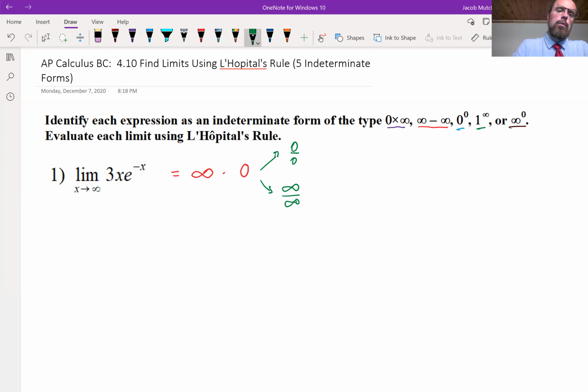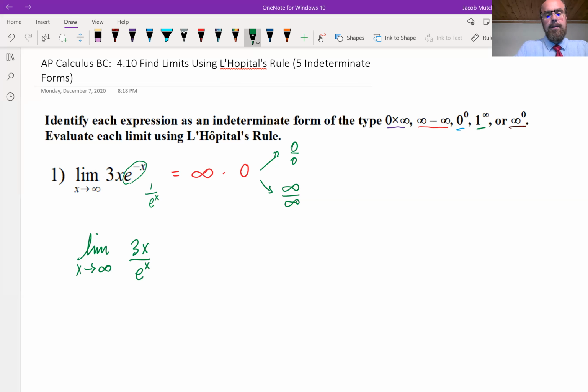And I want to use one of the things that we observed when we were doing direct substitution. E to the power of negative x is the same as 1 over e to the power of positive x. So I can rewrite this limit as the limit as x approaches infinity of 3x times 1 over e to the x, or simply over e to the power of x.